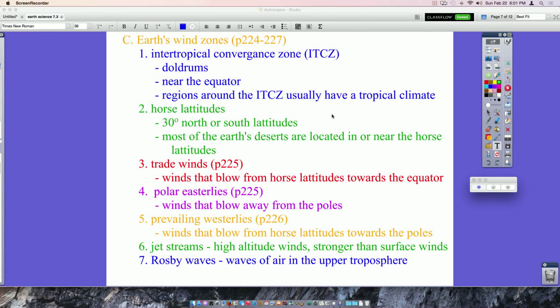Now, jet streams are high-altitude winds. They are stronger than surface winds. And there are subtropical and polar front jet streams. It depends on which latitude we're talking about, and what kind of air temperatures we're talking about as well. Really, we don't utilize these jet streams except for aircraft.